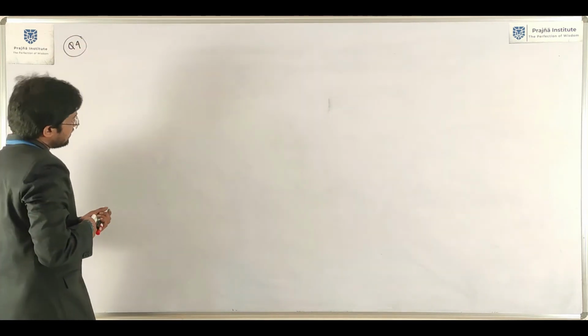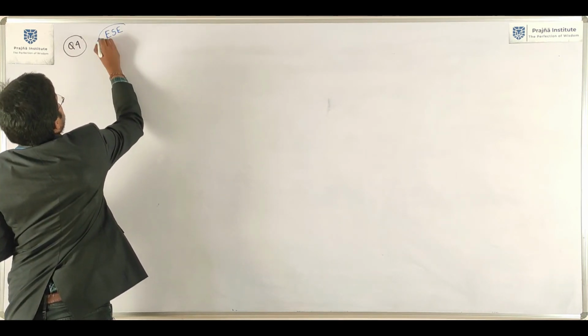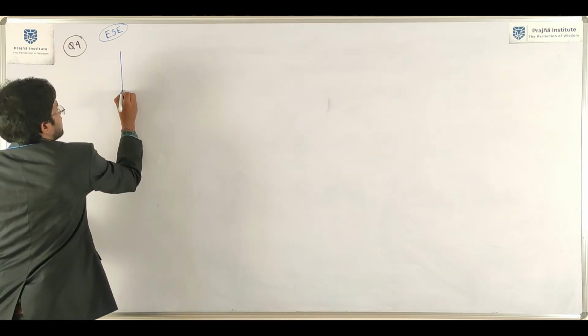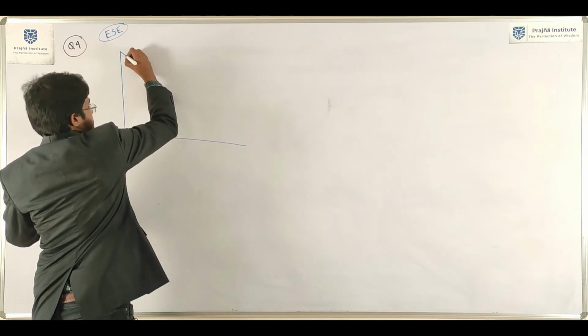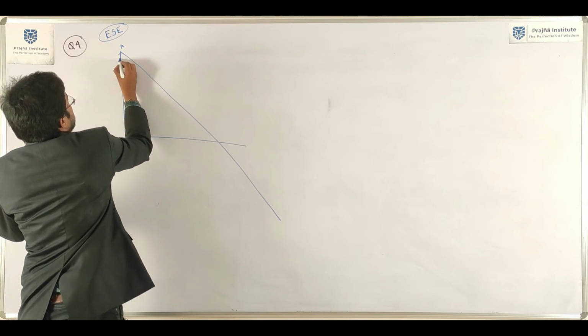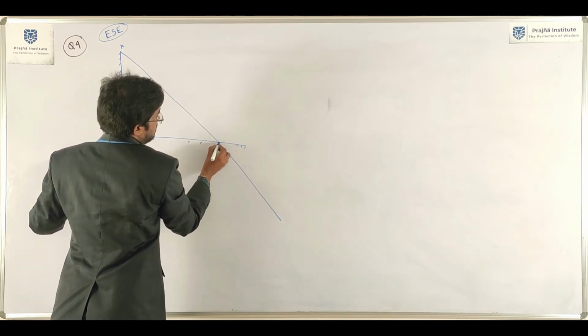This question was given in an engineering service examination. I don't remember the exact year, but the question came in the elliptical trammel topic. Here we are fixing the slotted plate. This is A, of course this is B, and point P is somewhere here.